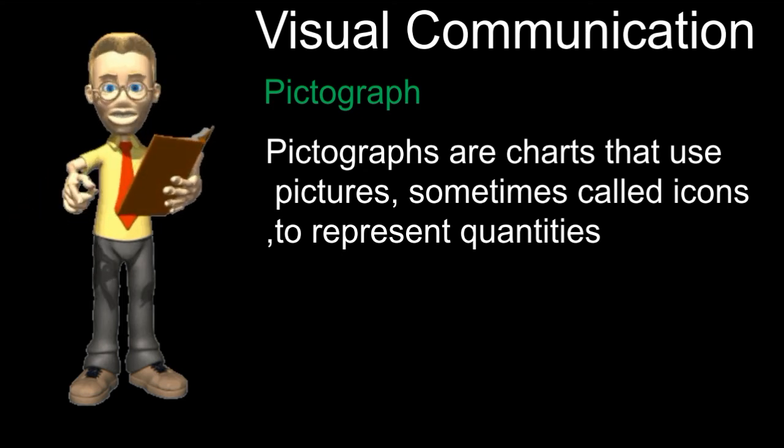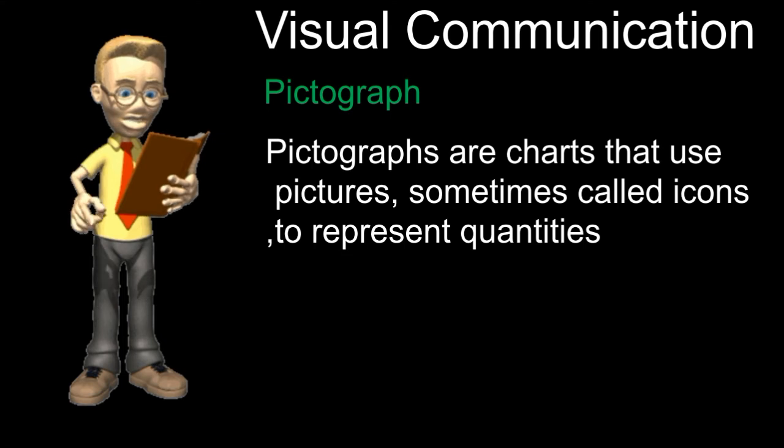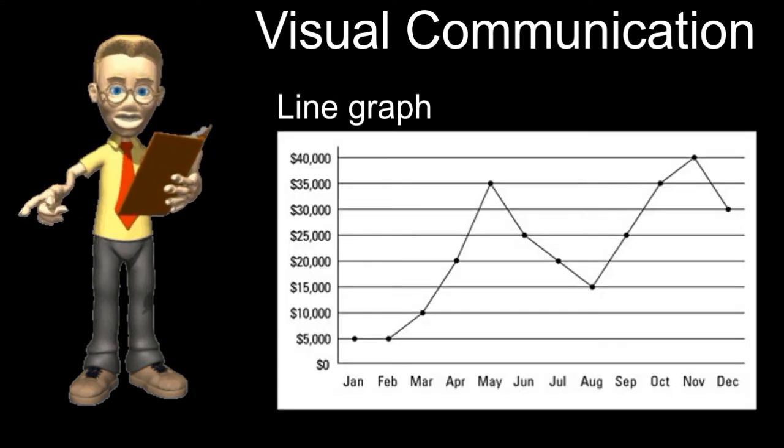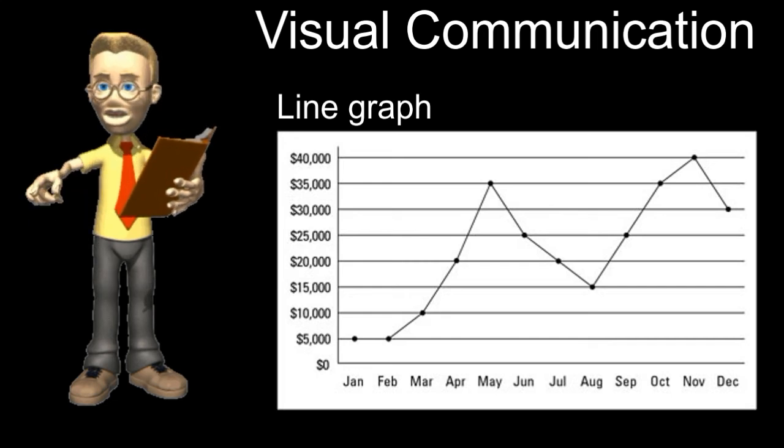Line graphs are constructed by joining points representing individual measurements that lie between a horizontal point.